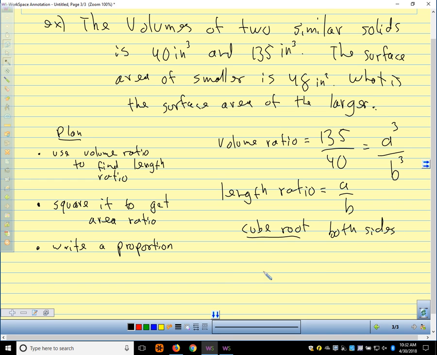So what I'm doing is the cube root of 135 over the cube root of 40. And that's going to give us A over B. The cube root is going to undo the cube. Well, the cube root of 135 is 5.13, if I put that in my calculator. And the cube root of 40 is 3.42.